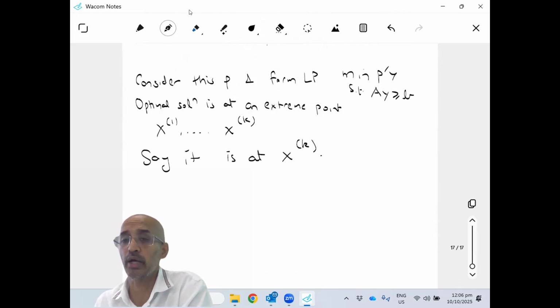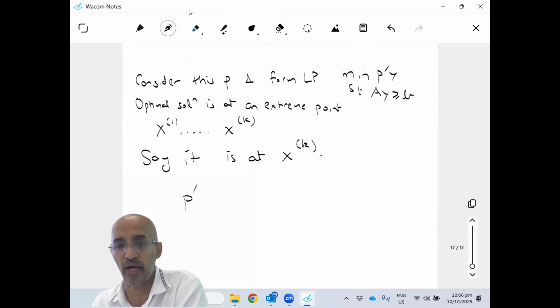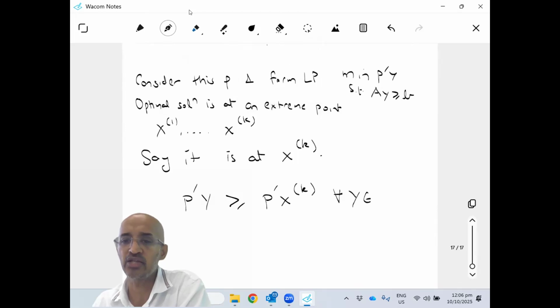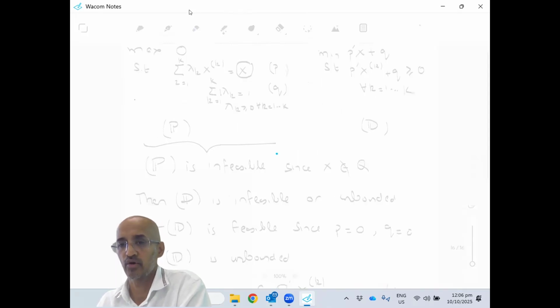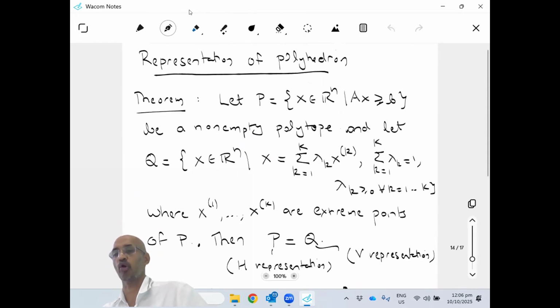So what do I know? I know that p transpose y is greater than or equal to p transpose xk for every y in this original set, capital P. Don't get confused between the capital P and small p. Capital P is this set.